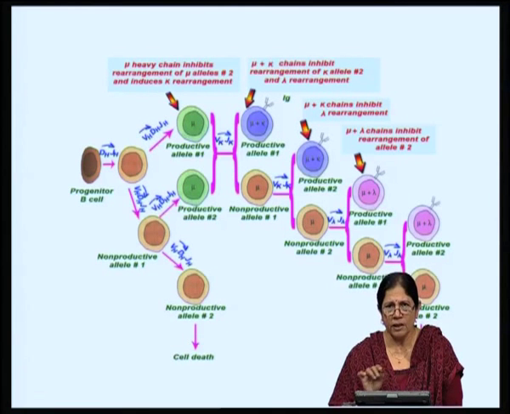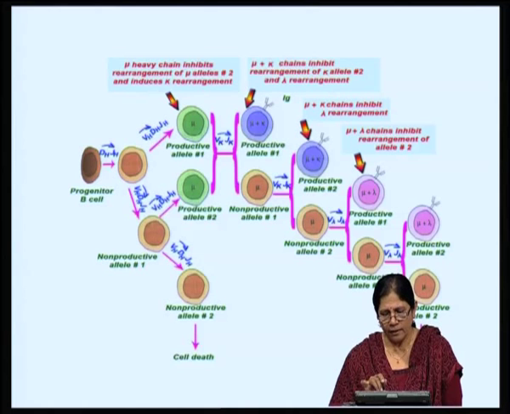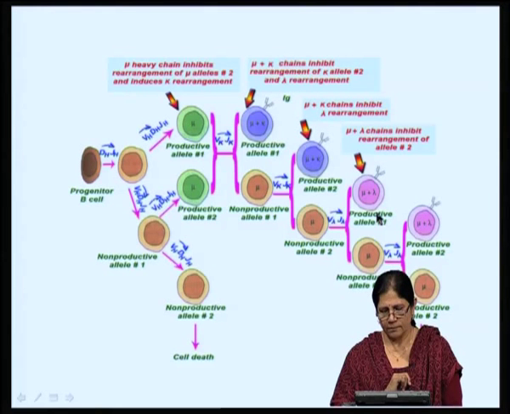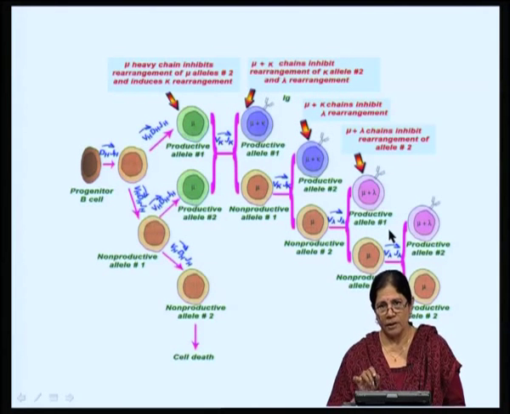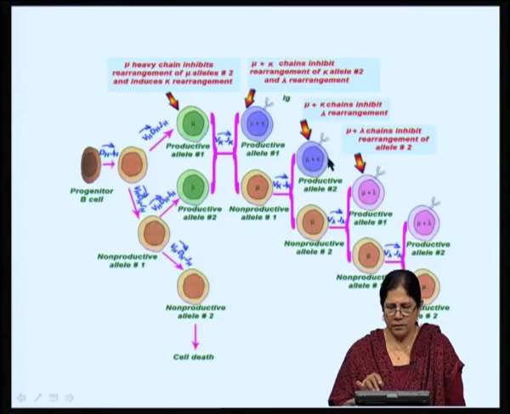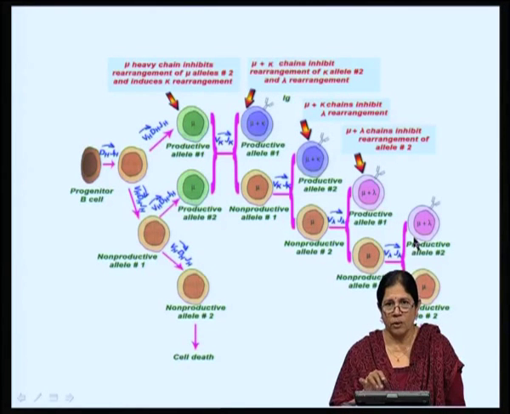If both the alleles of the kappa light chain genes fail to reorganize themselves, then allele 1 of the lambda light chain is recruited, and if that does not happen, then allele 2. But remember, all along it is a very coordinated process.